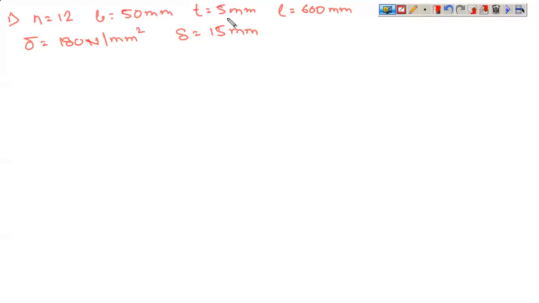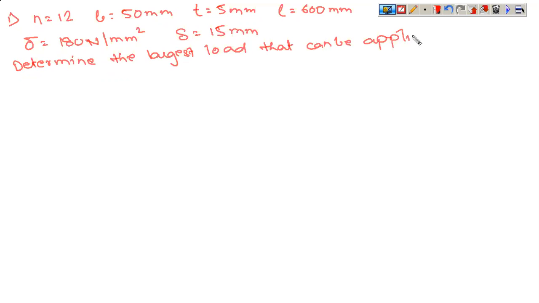When the central deflection is limited to 15 mm, you have to determine the largest load that can be applied if E is equal to 20.6 into 10 to the power 4 Newton per mm square.